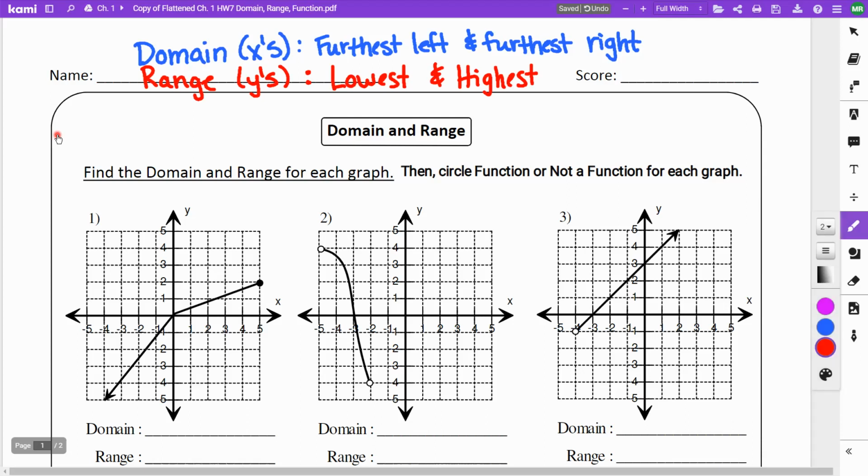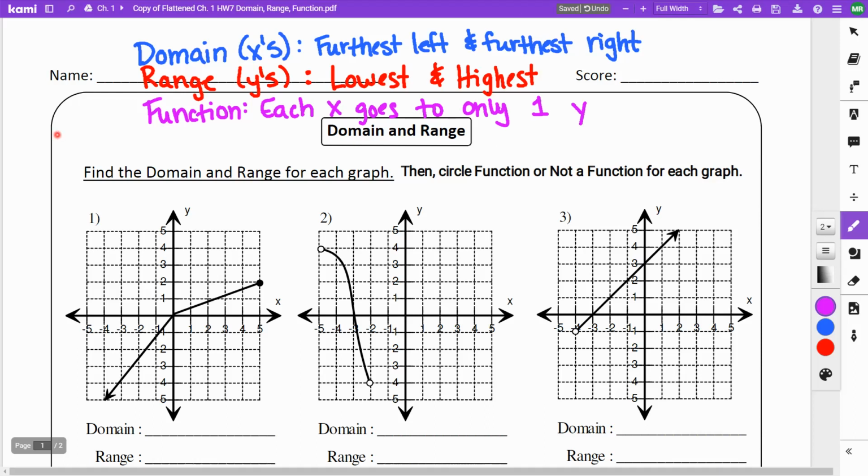And then we're also going to talk about whether something is a function. And remember, if something is a function, each x goes to only one y. I cannot have an x go to two different y's.